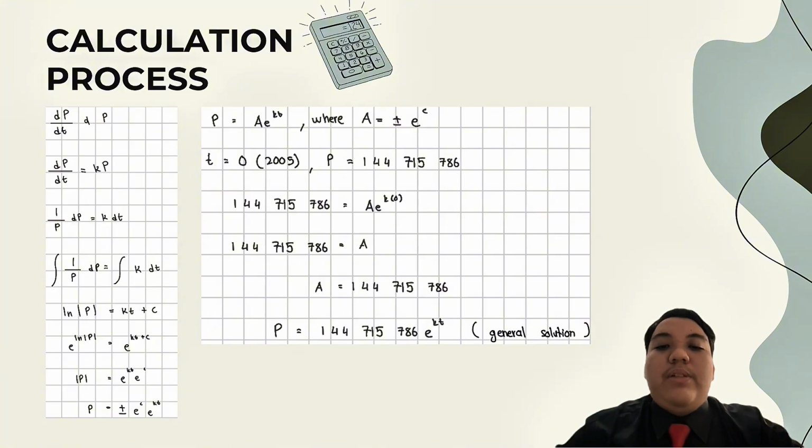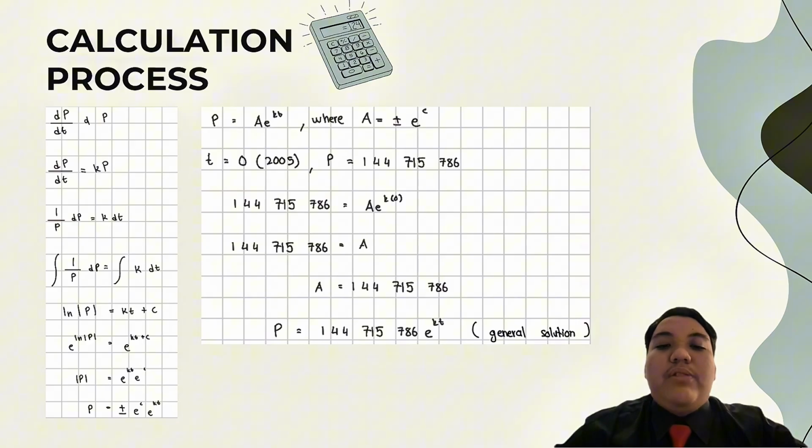Using the law of indices, we separate the exponent and we will get P = e^(kt) times e^C. Since e^C is a constant, we let it be A. So the equation becomes P = Ae^(kt). After that, we use the initial condition from the data, which is t = 0, referring to the year 2005.